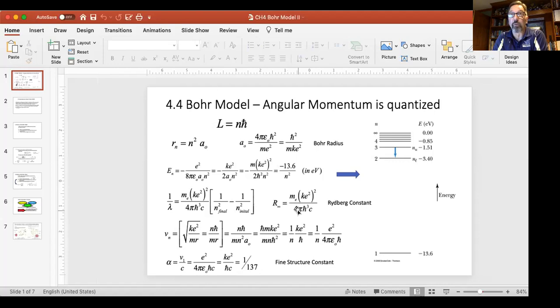And hopefully you can picture in your mind what a bowed string or a plucked string looks like in the fundamental mode, and then the first harmonic, and then the second harmonic. Bohr was postulating something similar to that for the energy mode, the steady state mode that the electron would be in. He didn't believe it was orbiting around the nucleus like a planet orbits around a sun, but it had that same character.